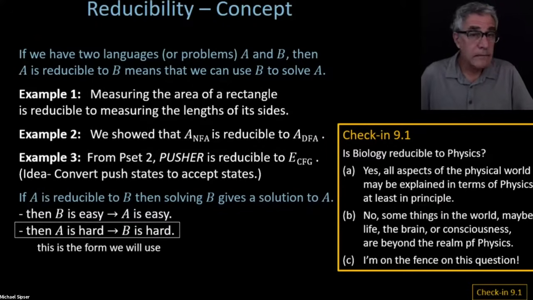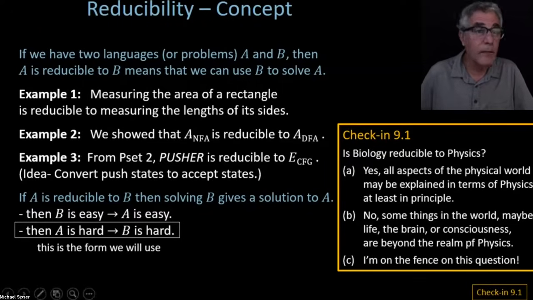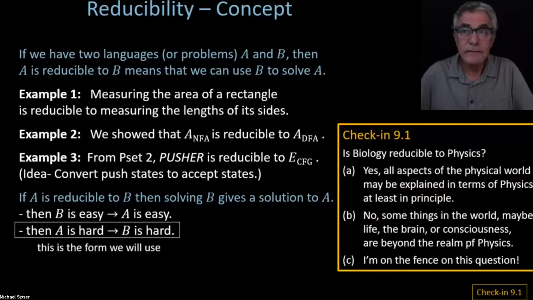Maybe yes. Or maybe there are some things like consciousness, which cannot be reduced to physics. Or maybe we don't know. Curious to know your thoughts. But it does use the notion of reducible in the spirit of what I have in mind here: if you could fully understand physics, would that allow you to fully understand biology?